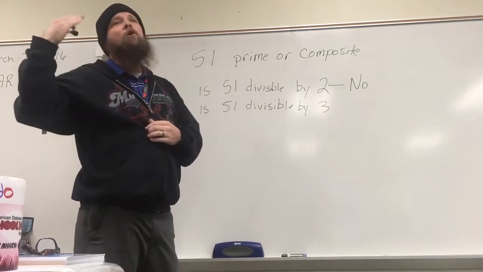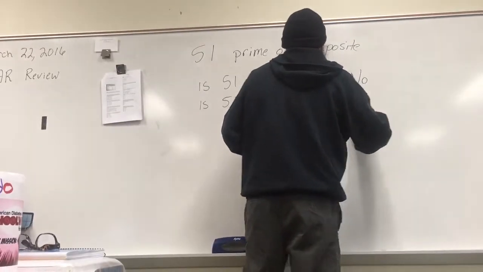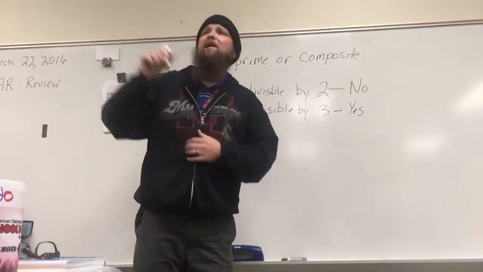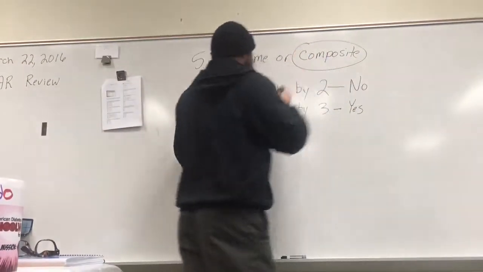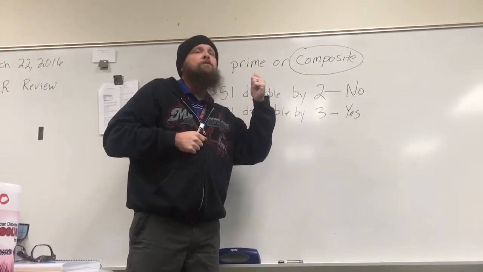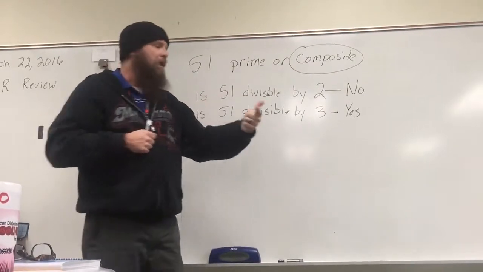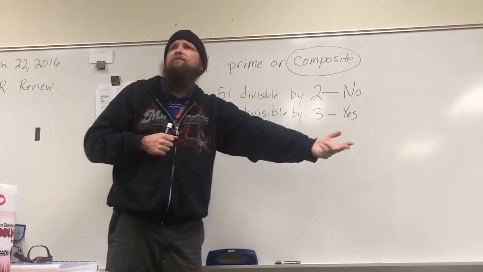And 3 is a factor of 6. Great job, Brock. So, yes, it is. Therefore, Brock, is it prime or composite? Composite. Because we already know the factors of 51. We know that are 1 and 51 and 3 times 17.